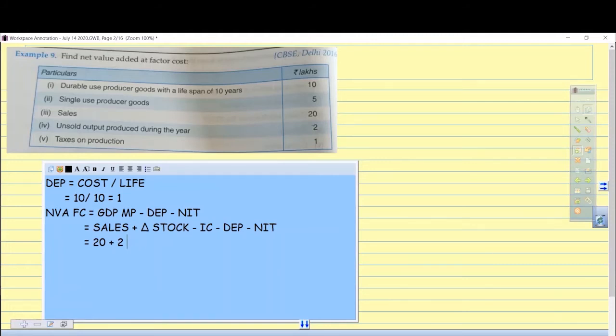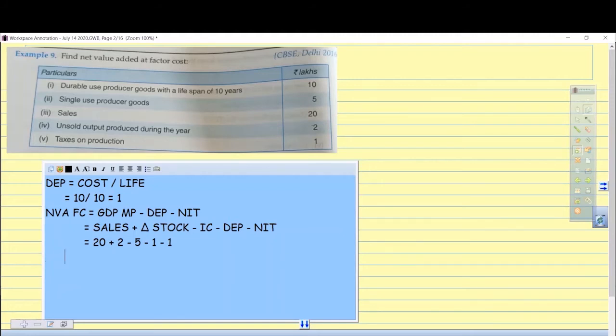So intermediate consumption minus, right? Minus 5. Then minus depreciation. Here we got 1 lakh. It is 1. Minus NIT, which is indirect taxes minus subsidies. As there is no subsidy in the question, taxes on production is indirect taxes. So 1 minus 0 is 1 only. Here it will come as 1.